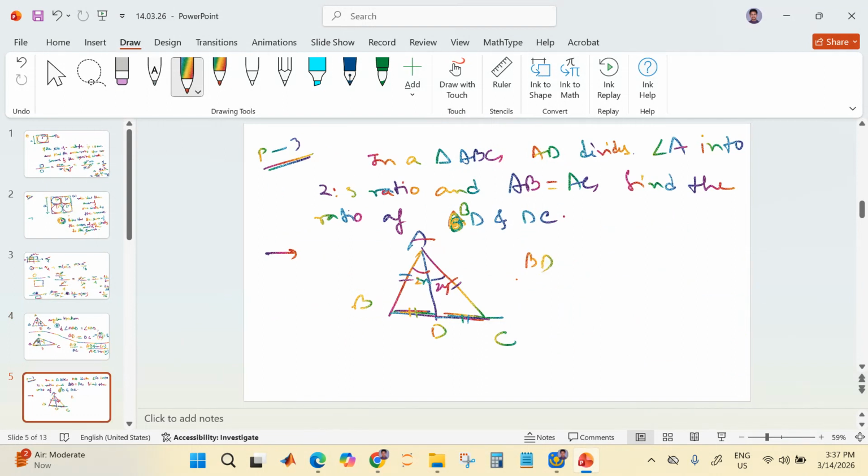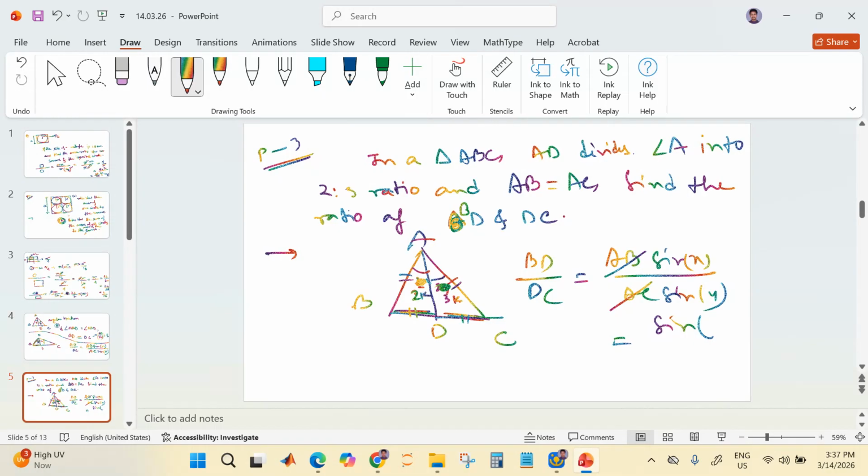So BD by DC equals, you can directly write, AB sin x by AC sin y, but here it is given AB equals AC, so it cancels, leaving sin x by sin y. So sin x means sin of the 2:3 ratio. This is 2y. This 2:3 means suppose 2k and 3k. You don't know. It is sin 2k and this is sin 3k.